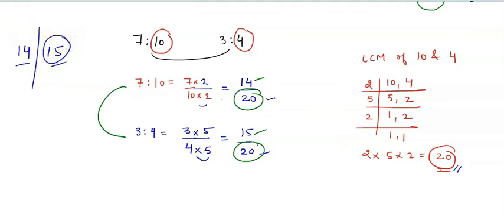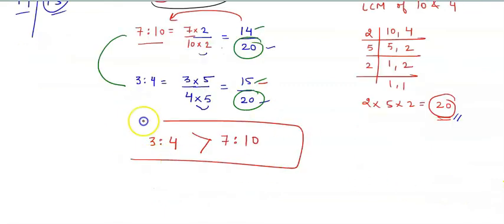So clearly we can say that 3 is to 4 is greater than 14 by 20, which comes from 7 is to 10, right? This is what we needed to show, which ratio is greater, and here we are getting our answer.